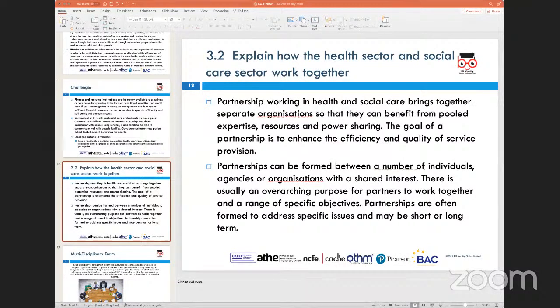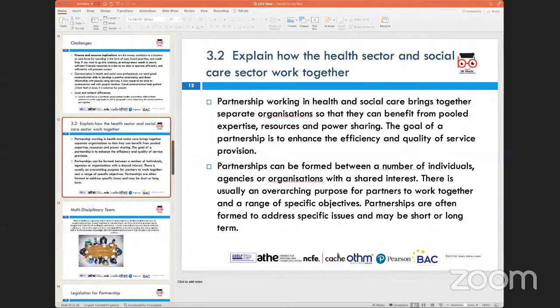So when we look at the health and social care sectors working together, if somebody's had an accident, it'll take a couple of weeks for you to get better and for things to go back to normal. Then both healthcare and social work services will have to work together to ensure that you are able to get back onto your feet.